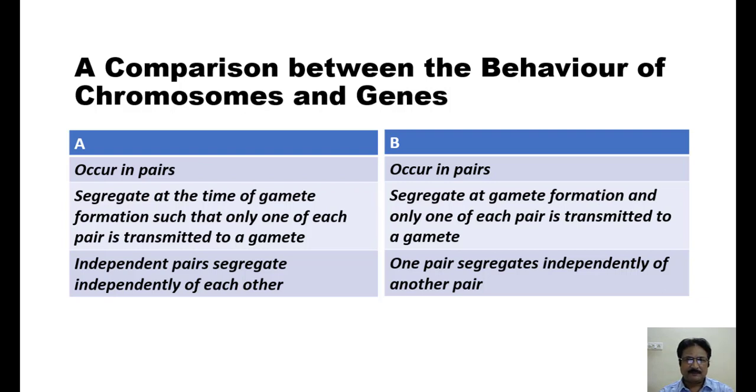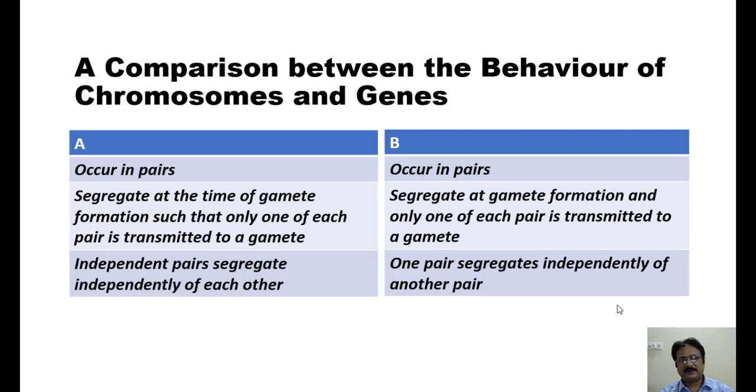If you remember Mendel's laws, the law of segregation states that every pair of factors or alleles will separate during gamete formation. For example, capital T and small t, whatever be the alleles, when they are in pairs, during gamete formation the two will separate into two different gametes.